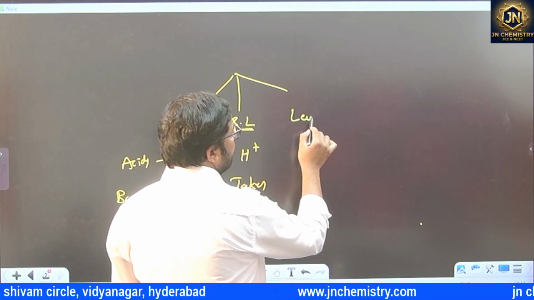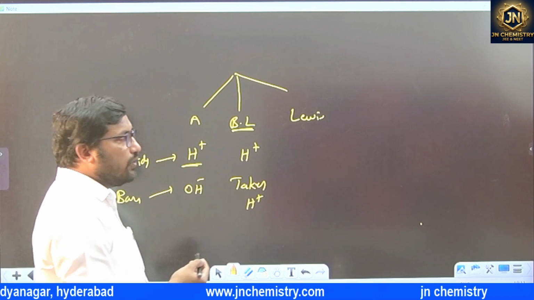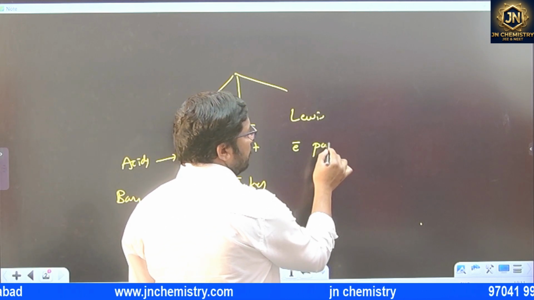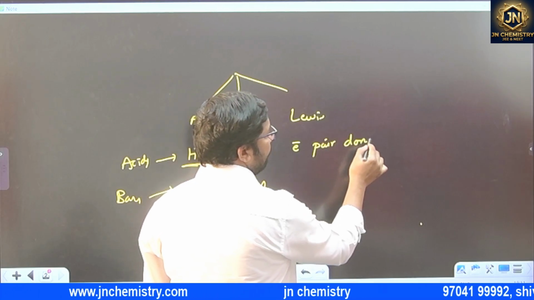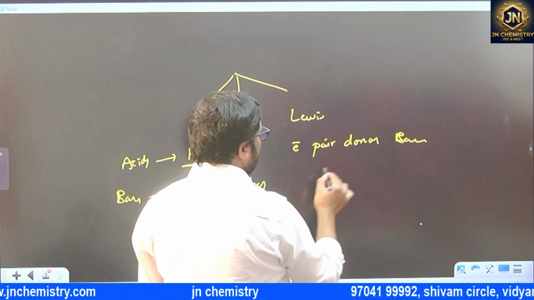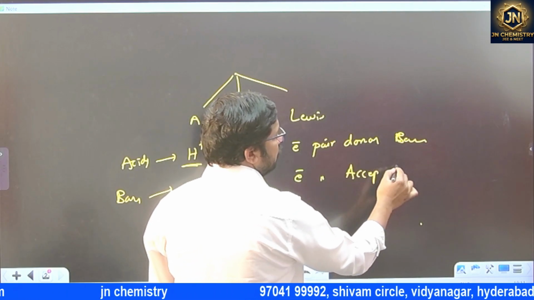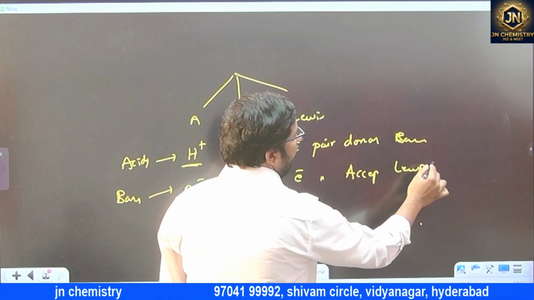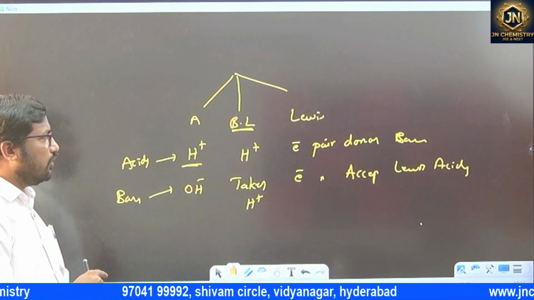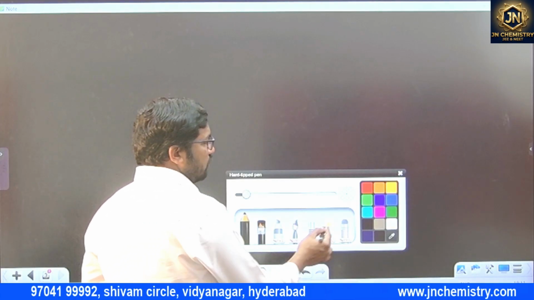Next, Lewis theory. According to Lewis theory, electron pair donors are Lewis bases, and electron pair acceptors are Lewis acids. So I already told you these things, and conjugate acid-base theory is also explained.